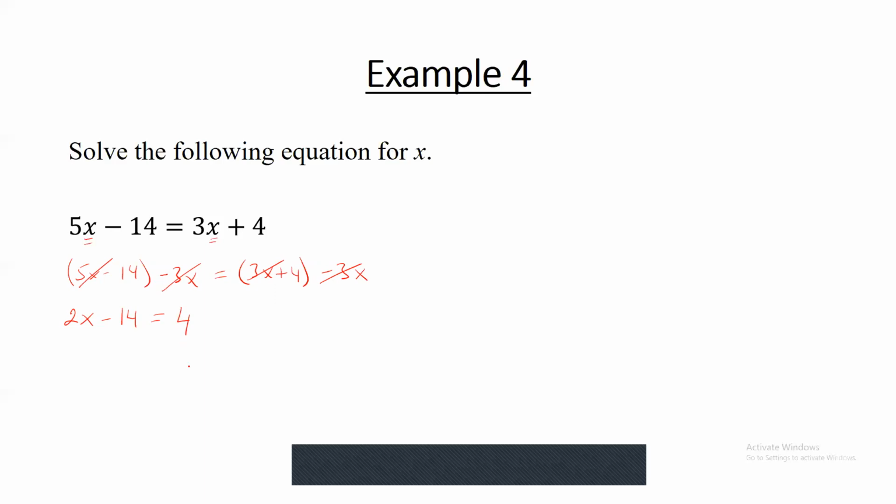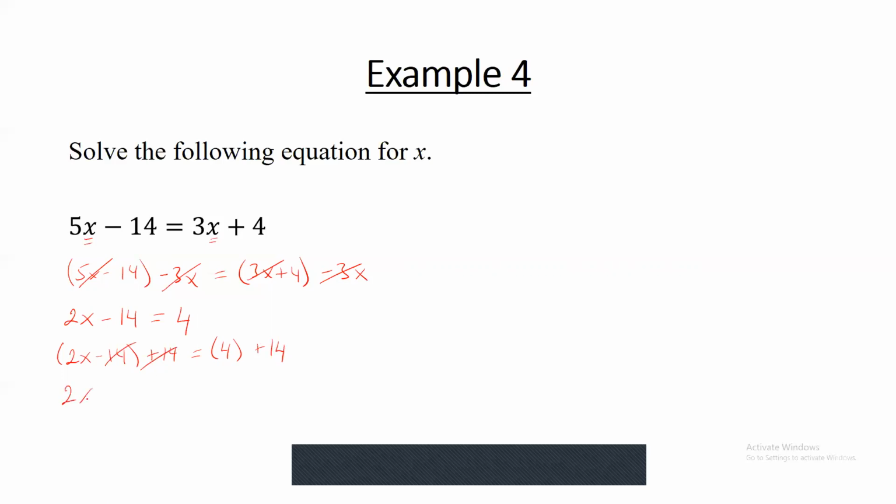And again, now we are in very familiar territory. We are trying to isolate x. So first we will undo the subtraction of the 14 by adding 14 to both sides. So we're going to add 14 to the left side, and we are going to add 14 to the right side, right? We add the same thing to both sides.